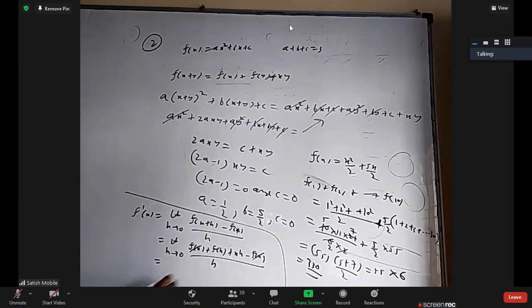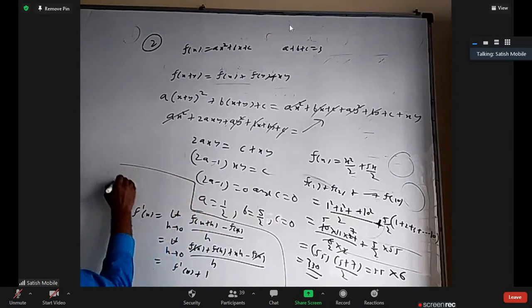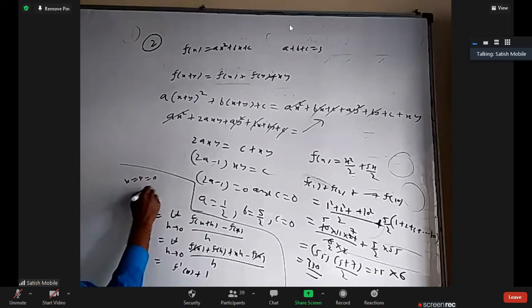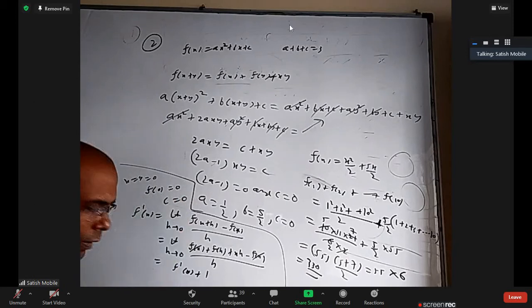So this is 0 by 0 form. If I use L'Hospital rule, I'll get f dash 0. This by this is easy, h will cancel, I'll get x equal to 1. F of 0 is 0 directly also I know. Put x equal to y equal to 0, I'll get that also. One more thing. You put x equal to y equal to 0, you'll get f of 0 equal to 0. So c equal to 0 is quite obvious to see now.